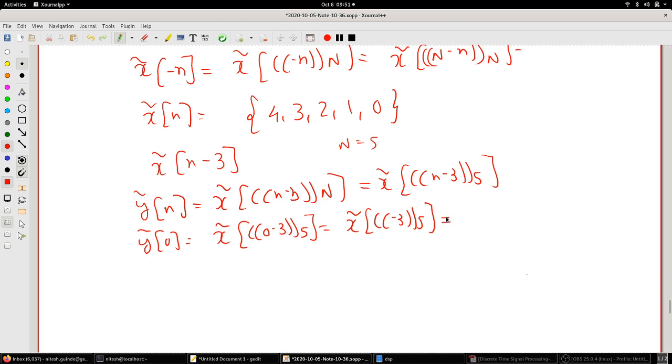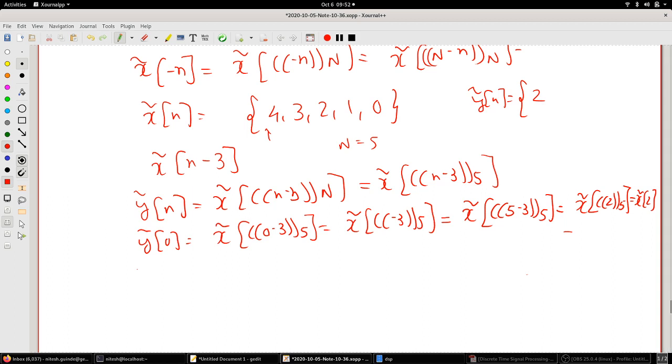So this is equal to x tilde of 5 minus 3 mod 5, which is x tilde of 2 mod 5. What is the remainder here is x tilde of 2, this is your 0, 1, 2, so this will be equal to 2. Let me write it separately here, x tilde of 2. So y tilde of n has got a 0 value of 2.